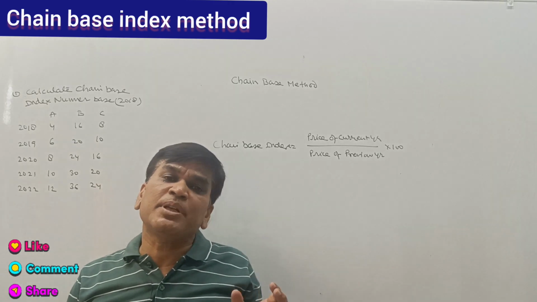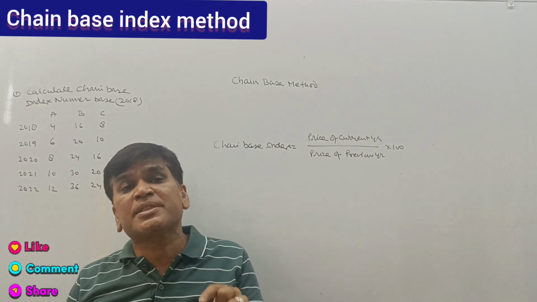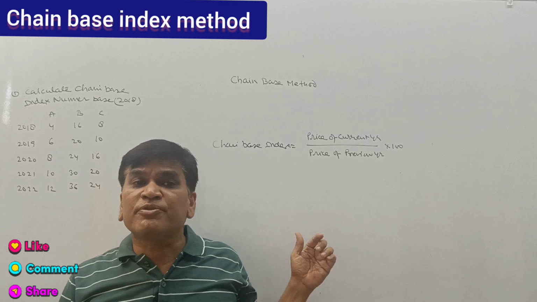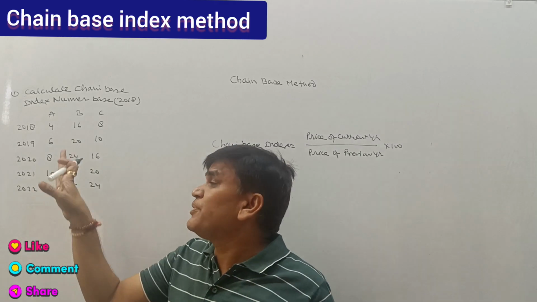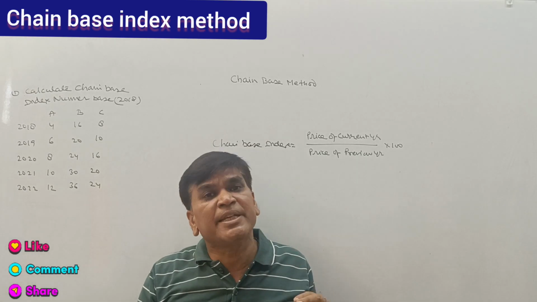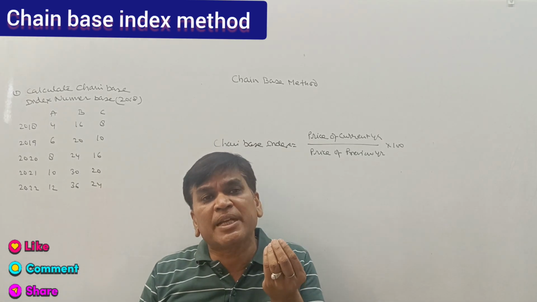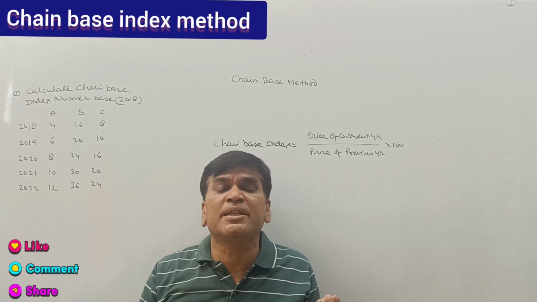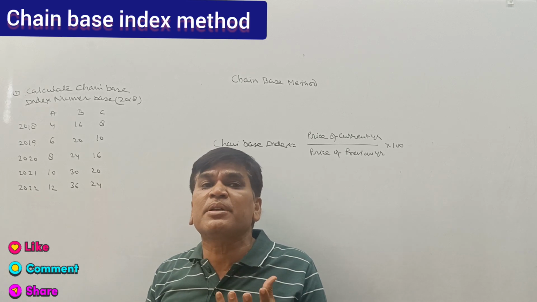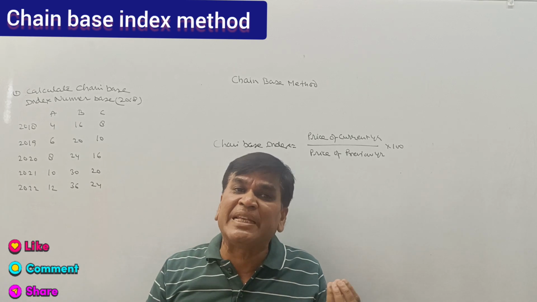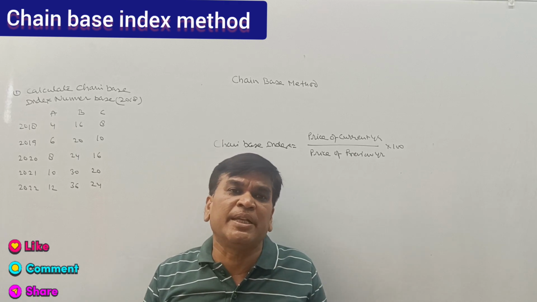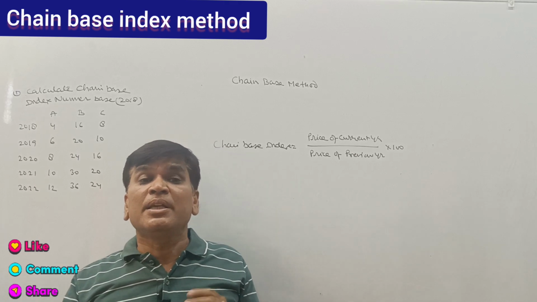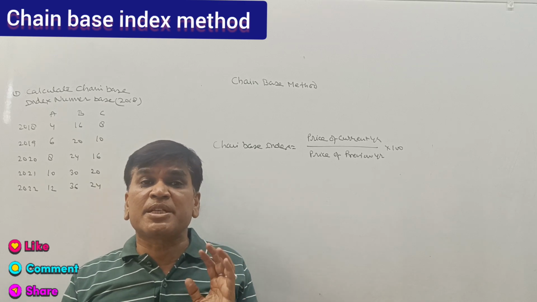In simple index number, we have a fixed year which we treat as the base year. Suppose we have taken 2018 as the base year, then for every index number or every calculation of relatives, we have to use the price of 2018. But in chain index number, the base price changes every year.